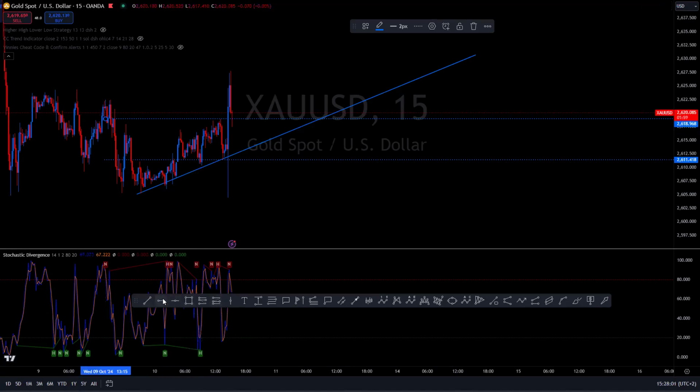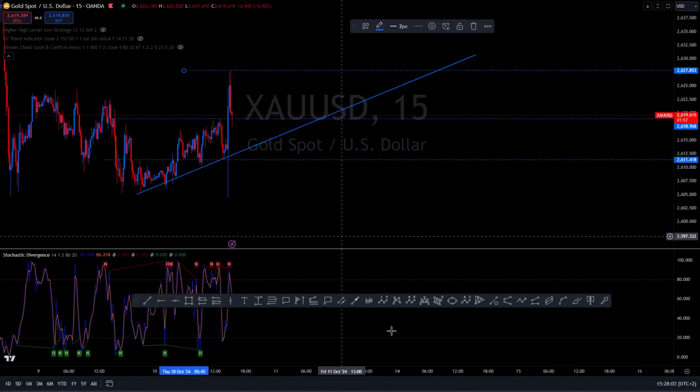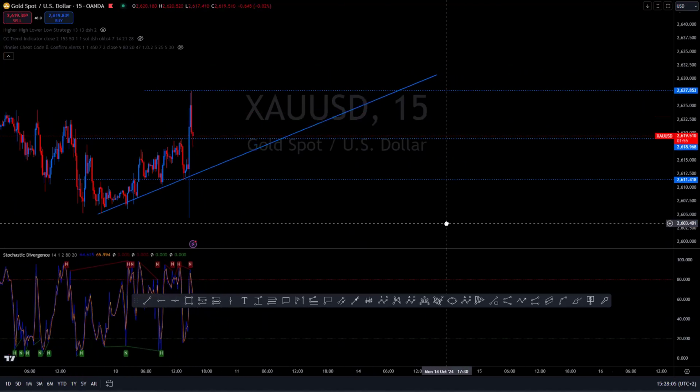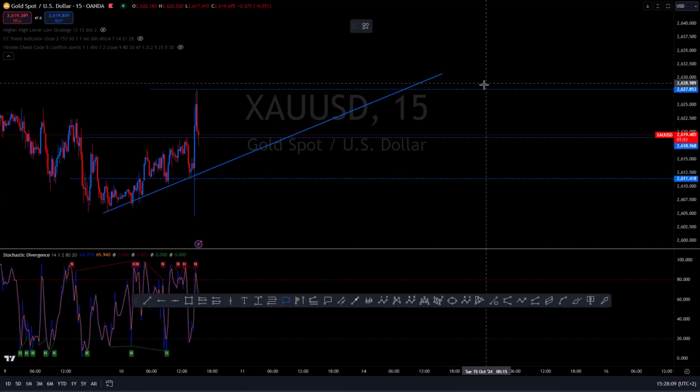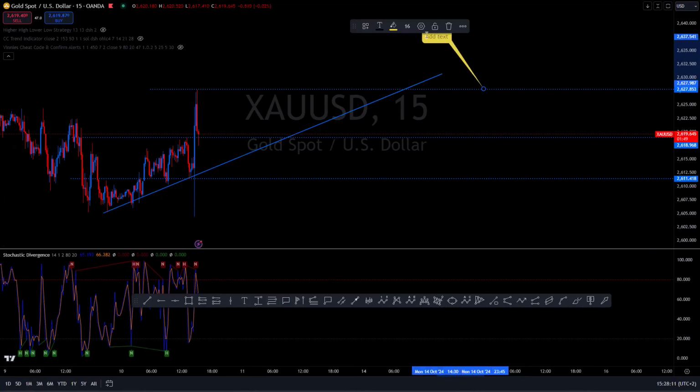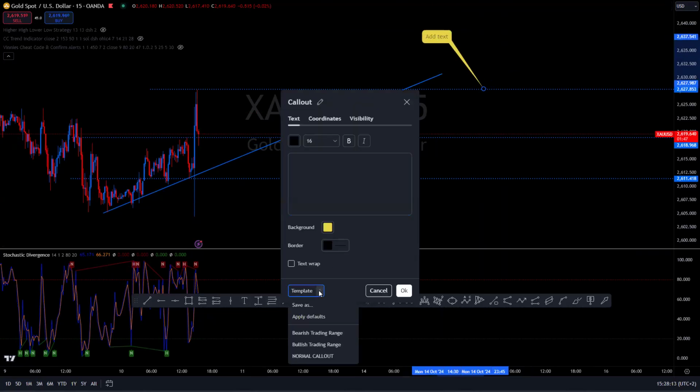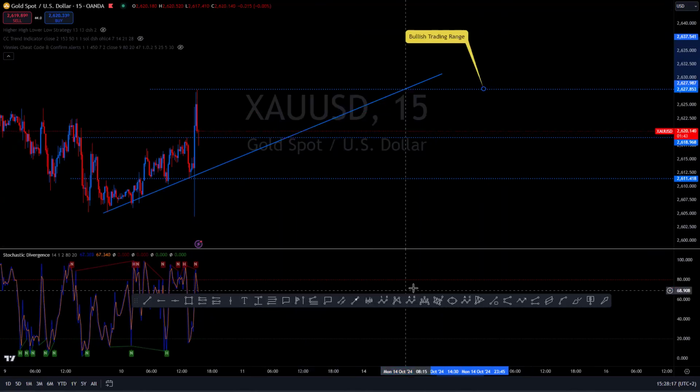Here's our breaker structure, and this is a swing high. This is our bullish trading range here.